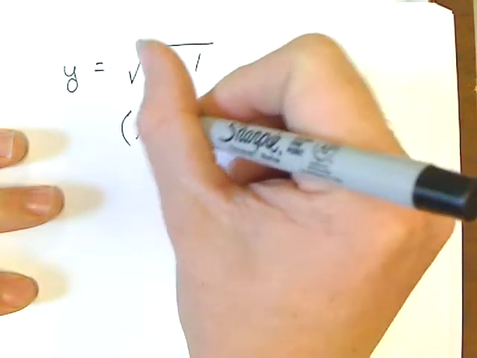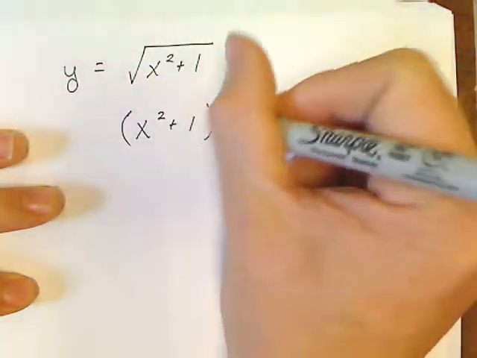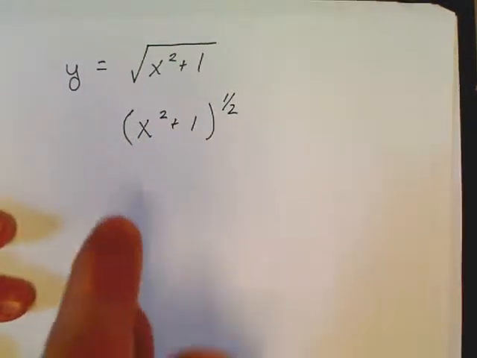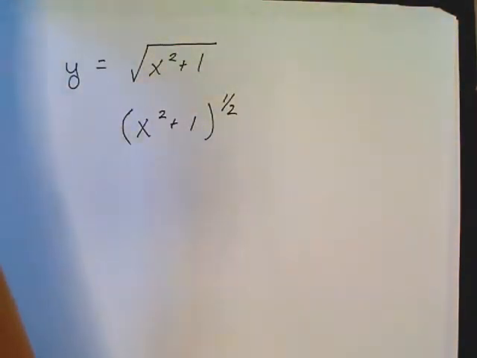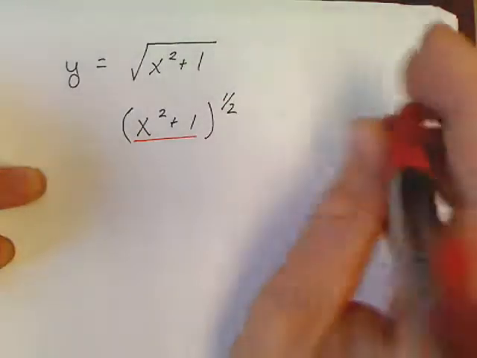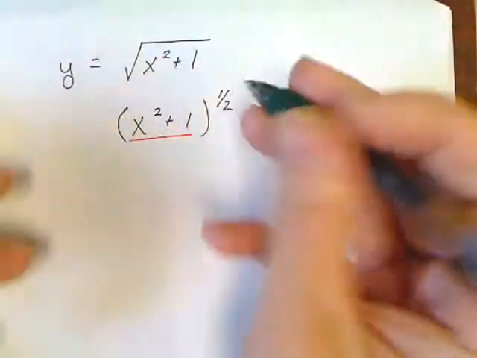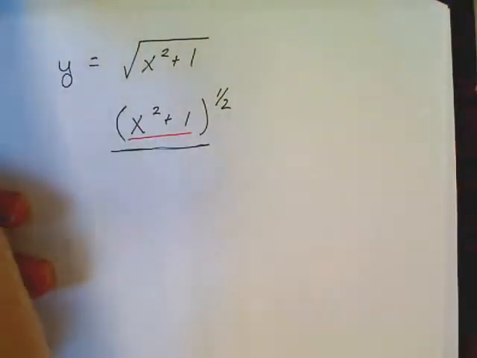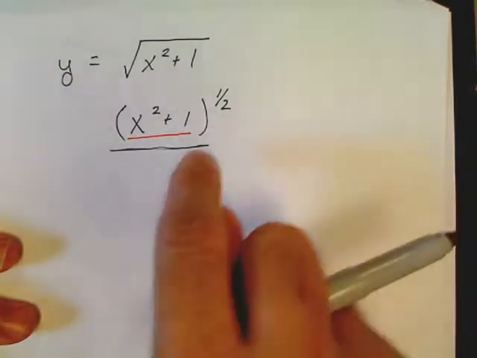Let's write (x squared plus 1) to the 1/2. I don't like writing out these radicals. Now when I look at this, you can tell I've got two functions. X squared plus 1 is a function, and then this whole thing to the 1/2 power is a function.